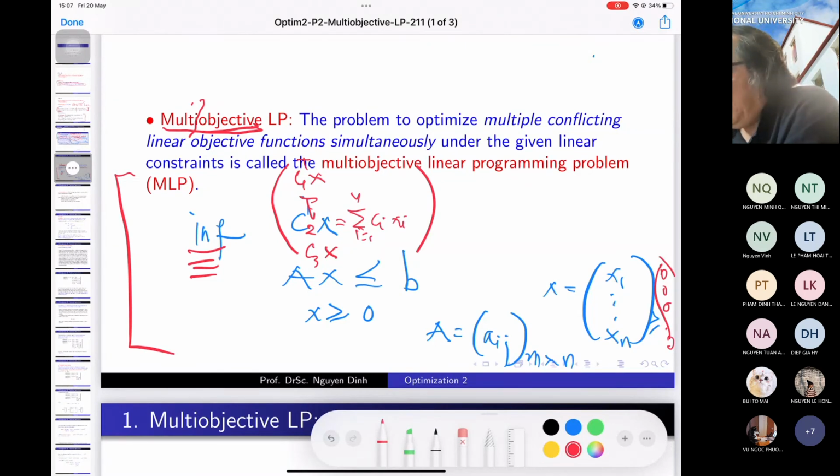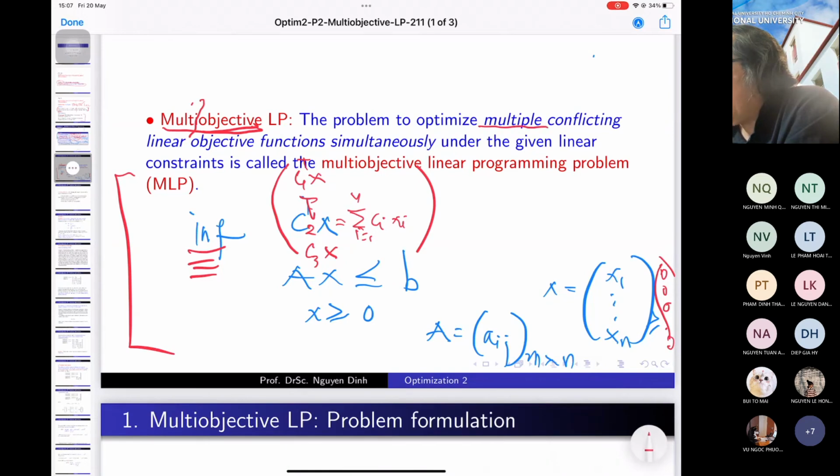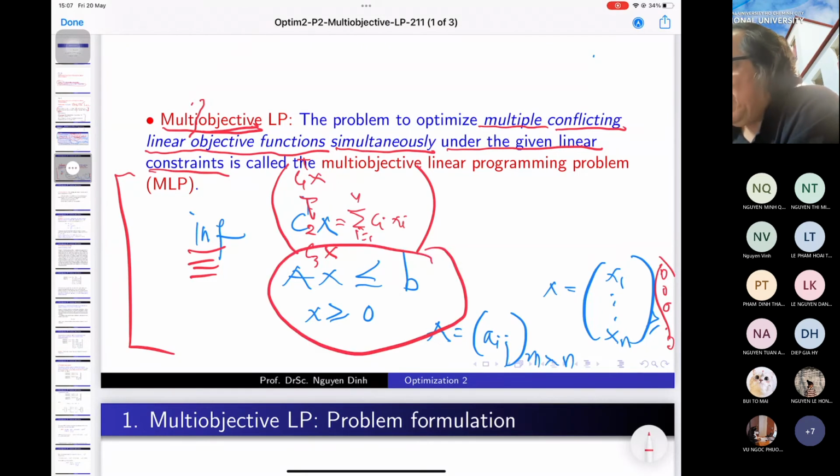The linear programming problem is to optimize multiple conflicting linear objective functions simultaneously under the given linear constraints. This is a linear constraint. Is that okay? It's called multi-objective linear programming. There are two things here, so forget this one at the moment.